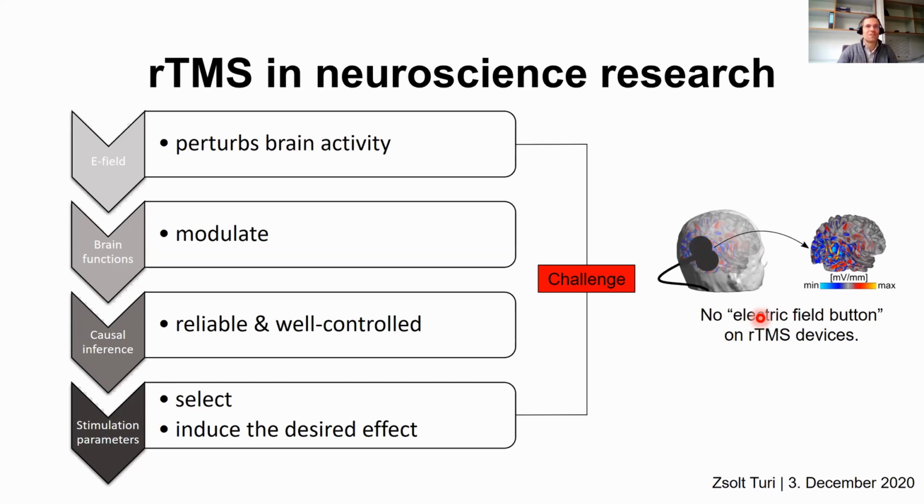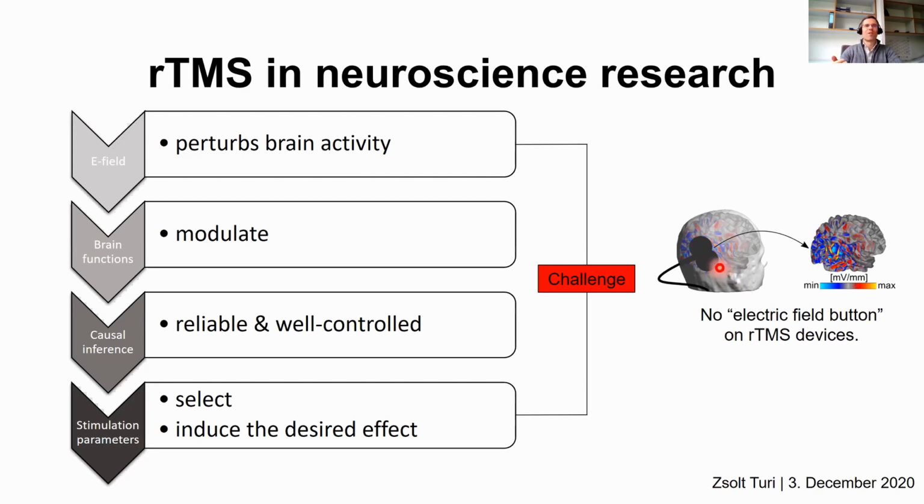There is, of course, a good reason for this, because without knowing the anatomy, the brain geometry and the head geometry of the participant, we cannot set the stimulation intensity and the properties of the stimulation in a way that will produce a particular electric field in the brain.